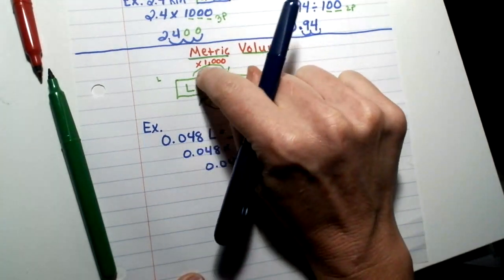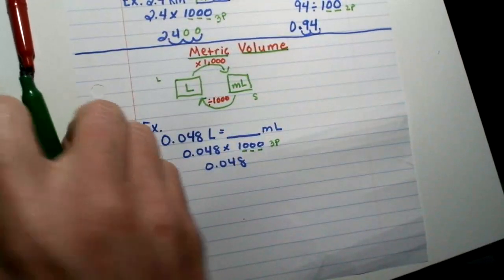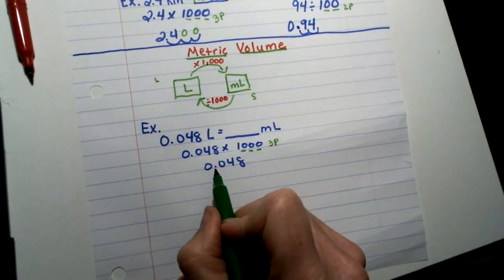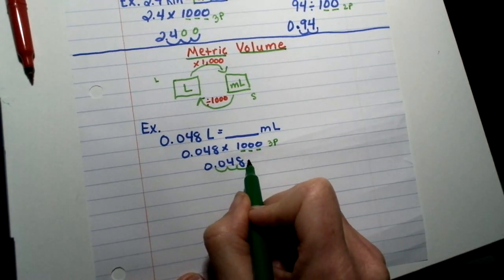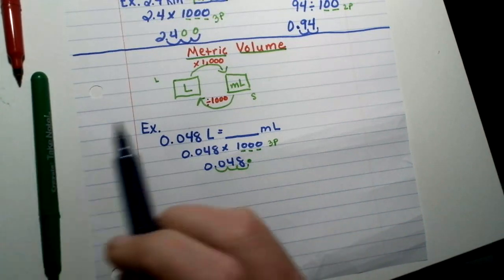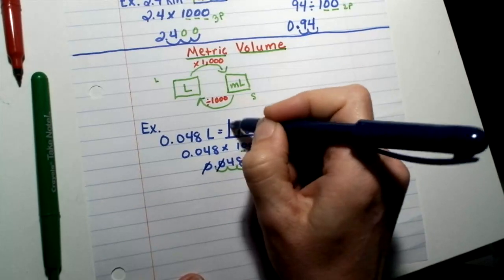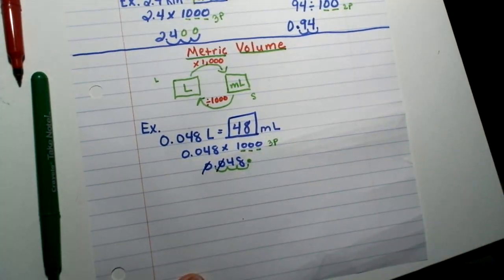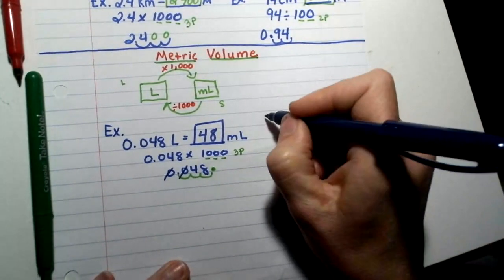And I know it's to the right because the arrow is pointing towards the right. You see how it's going to the right? So it helps you remember too. The chart tells you which way to go. So I'm going to make 3 movements, 1, 2, 3, and that decimal is going to go right there. So that means that I don't need this 0, don't need this 0, and my answer is simply 48. Okay? All right.